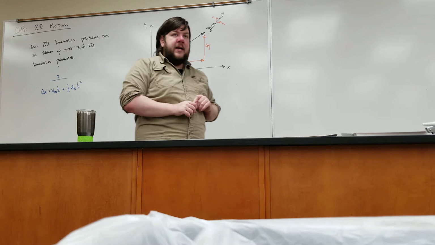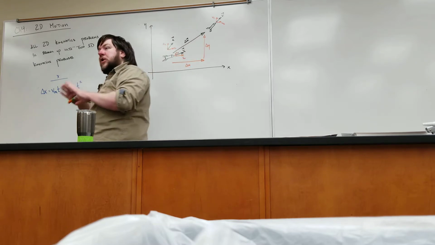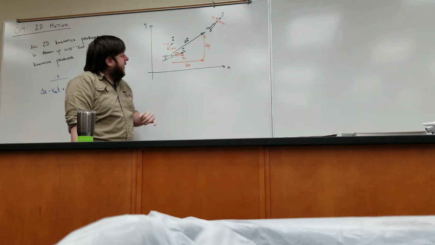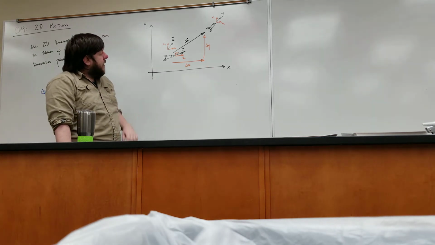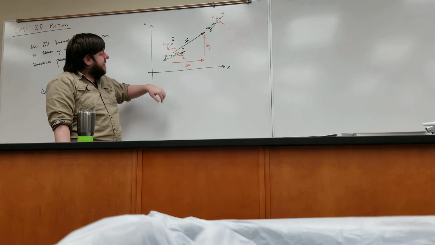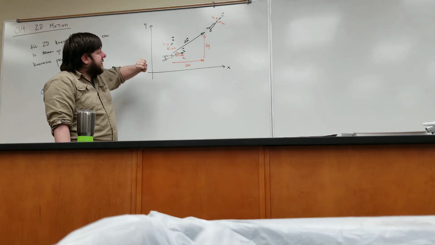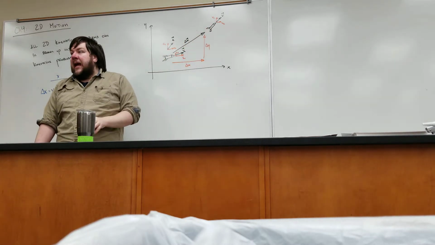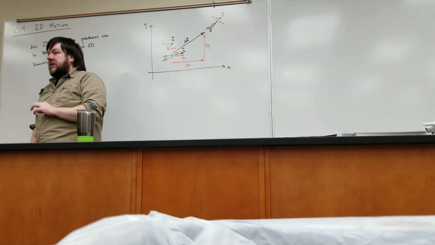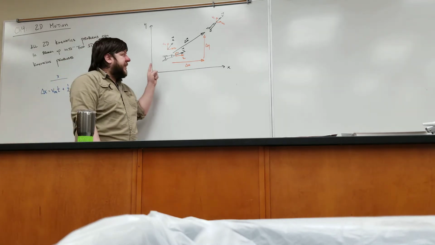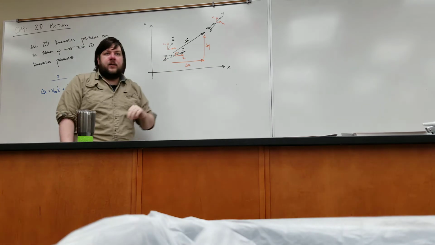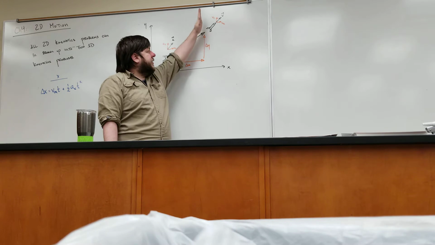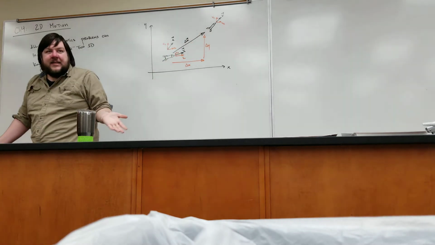Okay, so if we imagine these as 2 separate motions, this spaceship is traveling through the x direction, a displacement delta x, with an initial speed v naught x, with an acceleration of ax, finishing at a final speed of vx. And it takes some time, let's say 10 seconds. Then how long is that spaceship traveling through the y direction? If it's traveling through the x direction for 10 seconds, how long is it traveling through the y direction? Also 10 seconds, right?